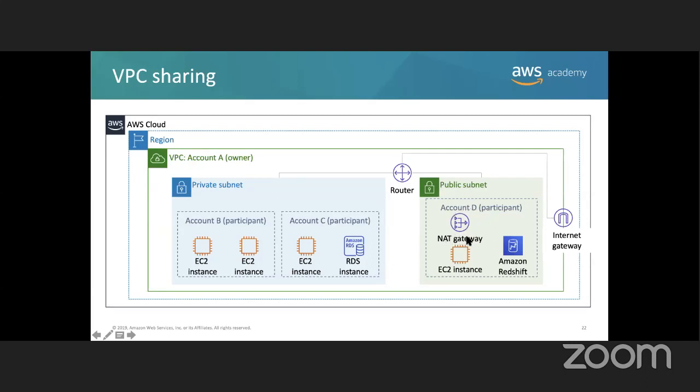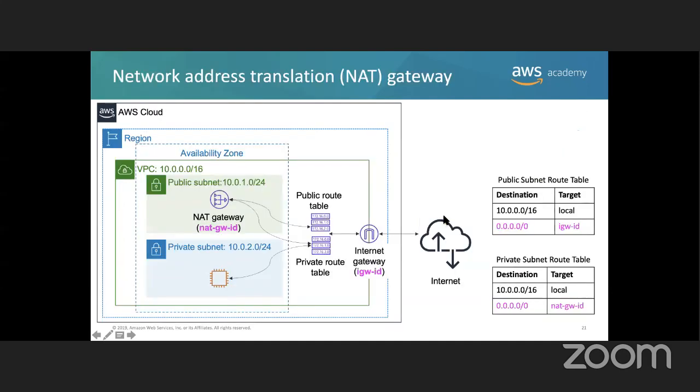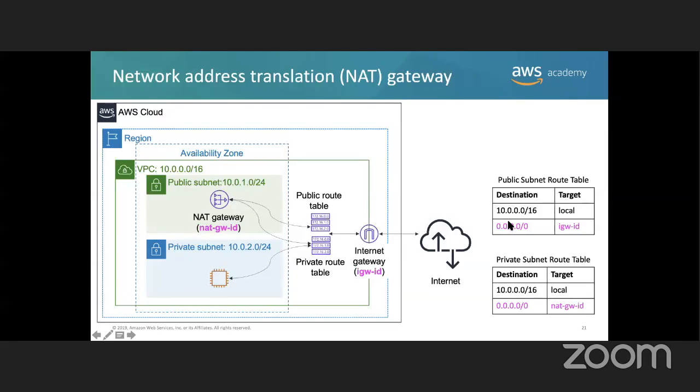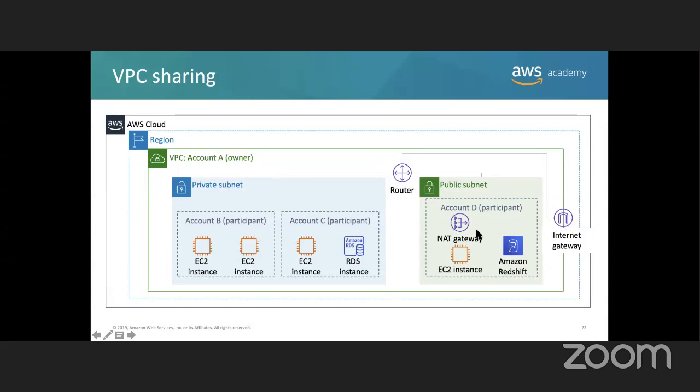And then you have a NAT gateway there to connect with the private subnets, and then you have an EC2 instance and the Amazon Redshift. So this is one of those cases when you put an Amazon Redshift, something that has to do with data, in a public subnet. Not very common, okay? But this is one of those cases.